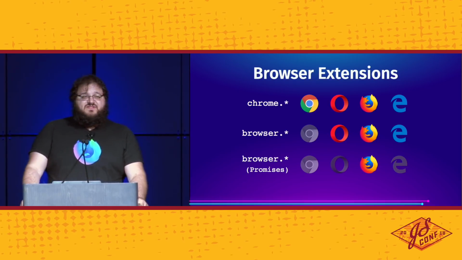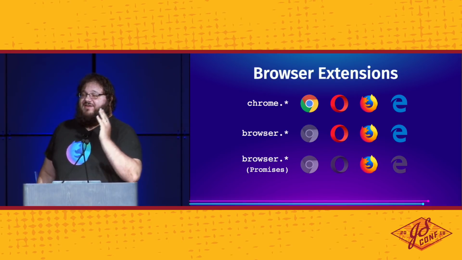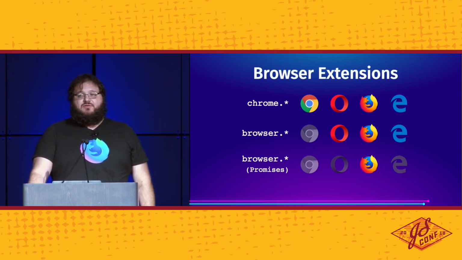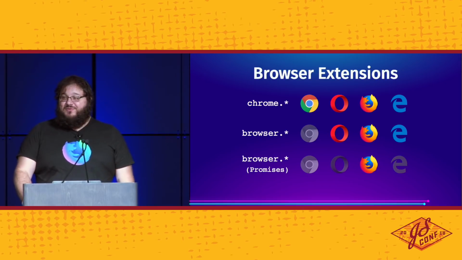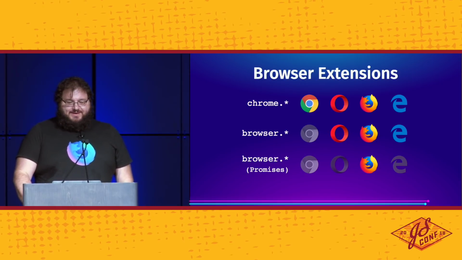If you use, largely speaking, the chrome dot versions of extension APIs, everyone, because compatibility is the new glasnost, will support it, right? So if you say chrome dot, Edge and Firefox will be like, we know what you mean. It's cool. It's fine.